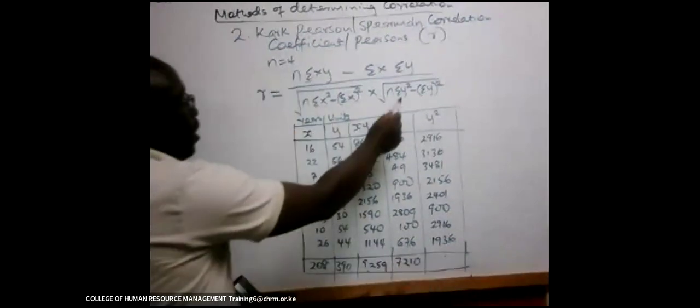Get the summation of y squared. Plus 2156 plus 2401 plus 900 plus 2916 plus 1936.